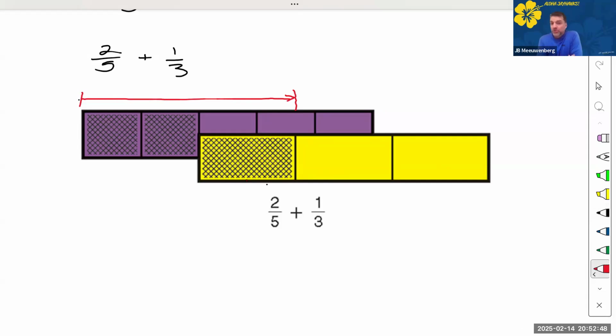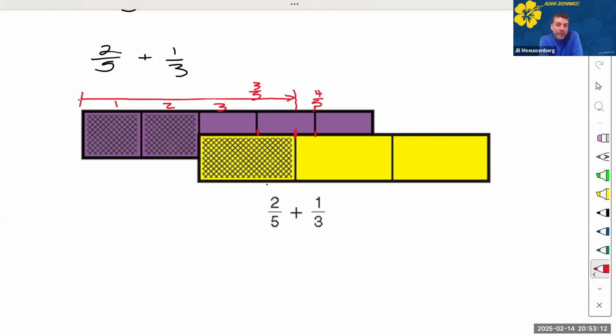In fact, it's impossible to know just by looking at it, because this line doesn't line up with either of those lines. What we do know is that it's more than 1, 2, 3/5, but it's less than 1, 2, 3, 4/5. So it's somewhere between 3/5 and 4/5.